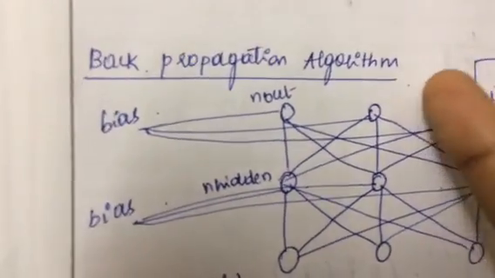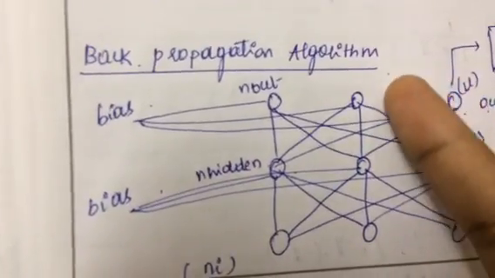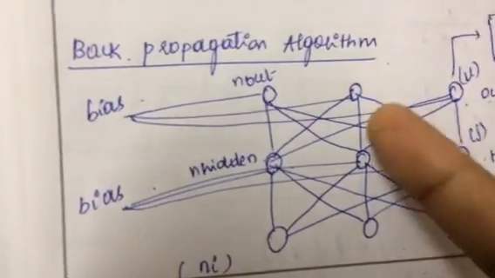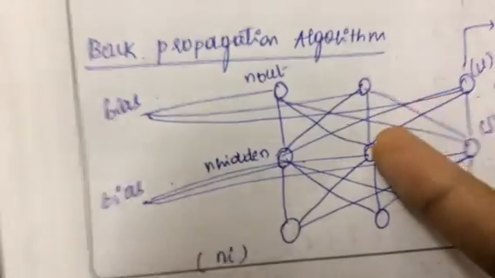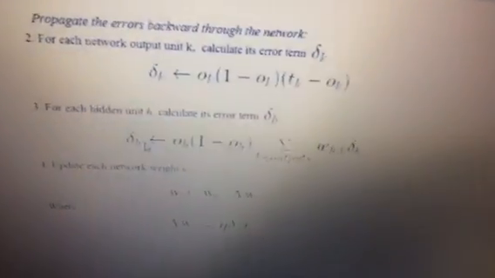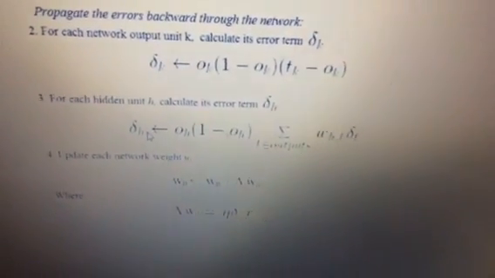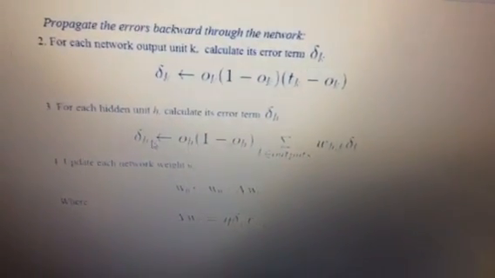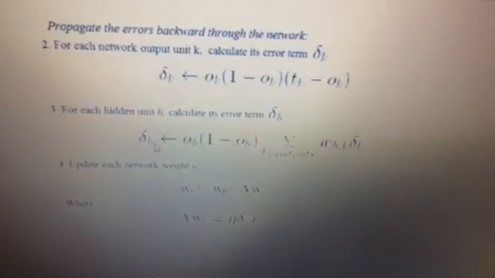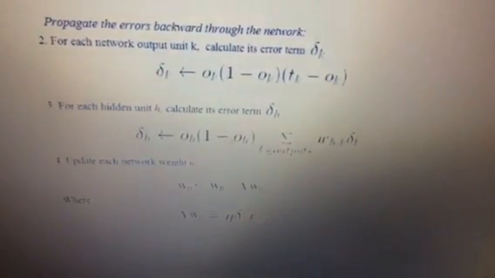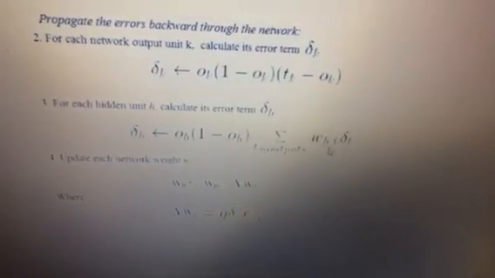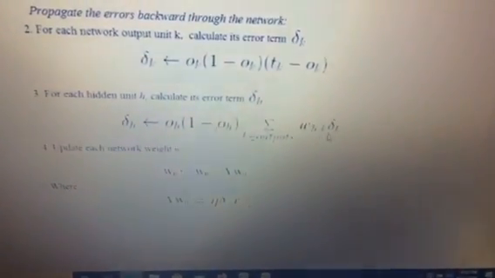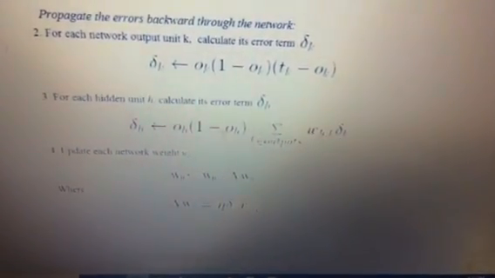When it is moving from output to a hidden unit, it is represented by k. Then when it reaches a hidden unit, it is represented by h. So that's why the backpropagation of an error term delta h equals o_h into 1 minus o_h, again a sigmoid function, summation of w_hk into delta k.